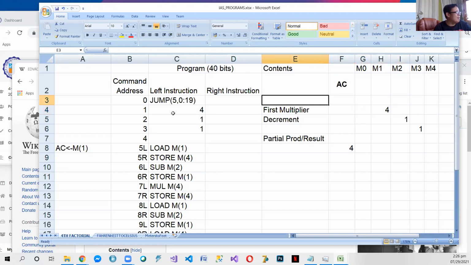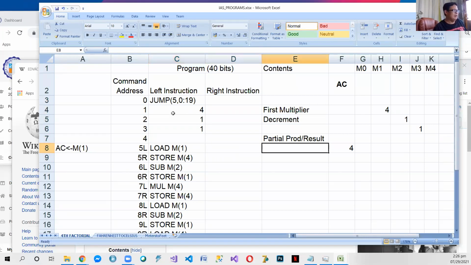Let me proceed now. So we have jump 5, 0 to 19. This means it's a jump left. Okay, so dito sa 5 left. So we begin our program here. Anong ibig sabihin ng load M1? AC receives M1.